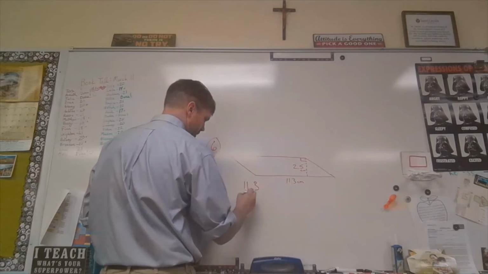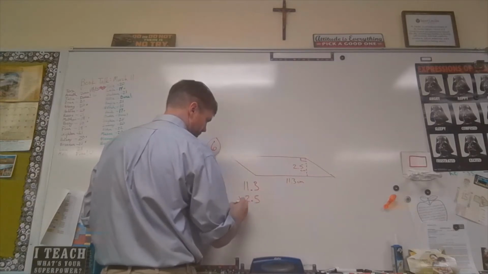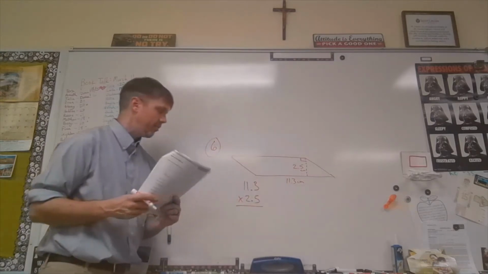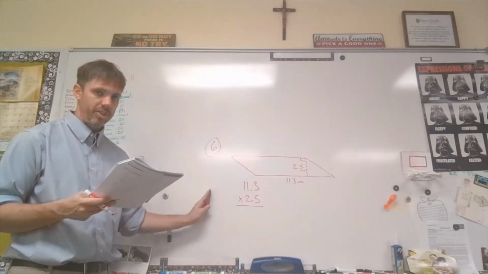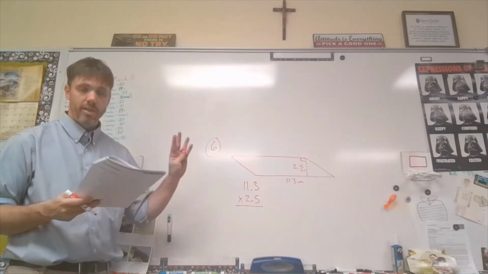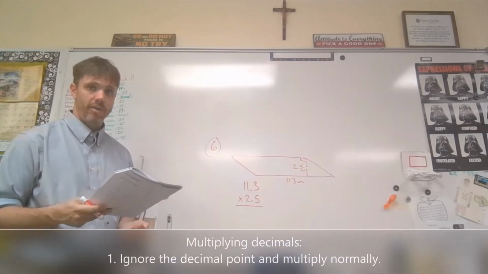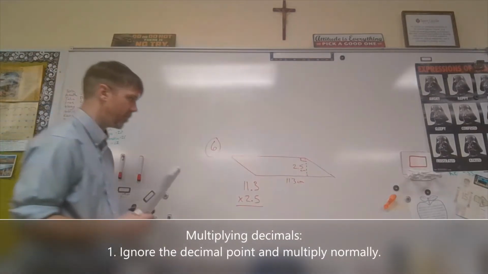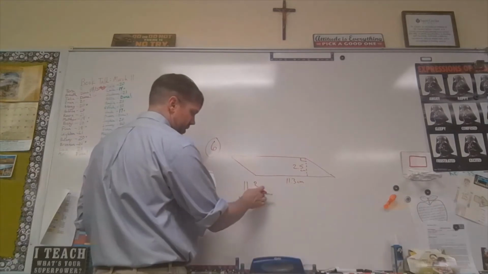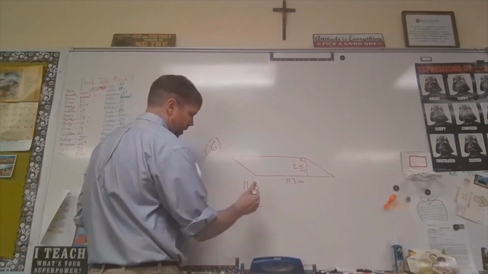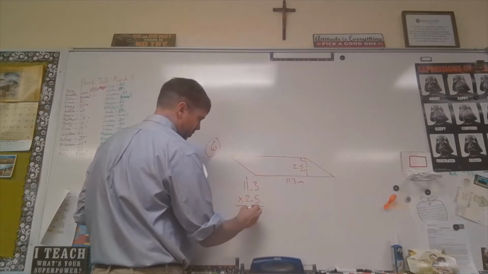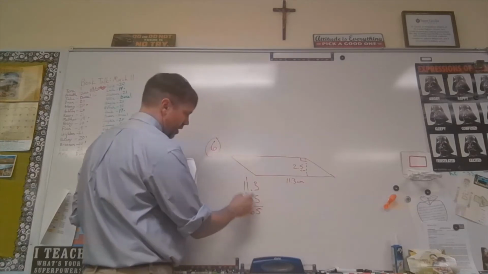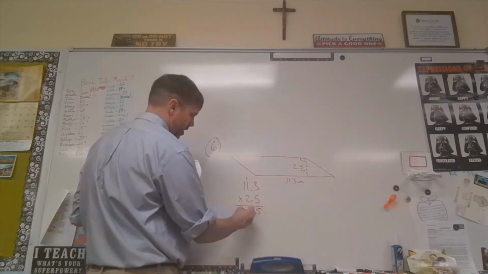11.3 times 2.5. Now, the big thing to remember here is when we multiply with decimals, ignore the decimal point to start with, okay? Just solve the problem as if it was 113 times 25. Okay, so 5 times 3 is 15, carry our 1, 5 times 1 is 5, plus 1 is 6. 5 times 1 here is 5.